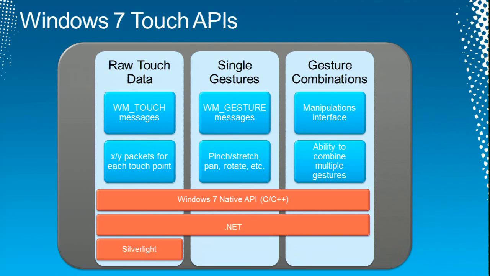And then finally, the richest experience, which is the gesture combinations. You get that in native and WPF, and that means if I have multiple touch points and I'm doing multiple things, not only zooming and scaling, but rotation, the very complex scenarios like that, you can do in native and .NET.